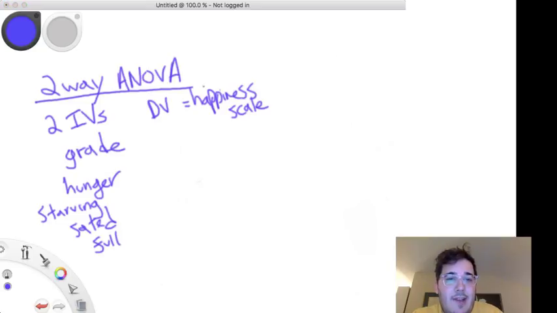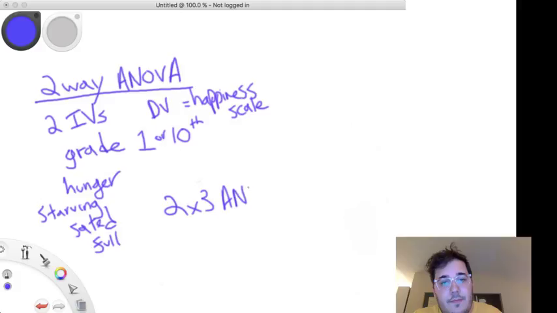And grade is either first grade or 10th grade. Right, so this is a 2x3 ANOVA, where this is grade with 2 levels, and this is hunger with 3 levels.